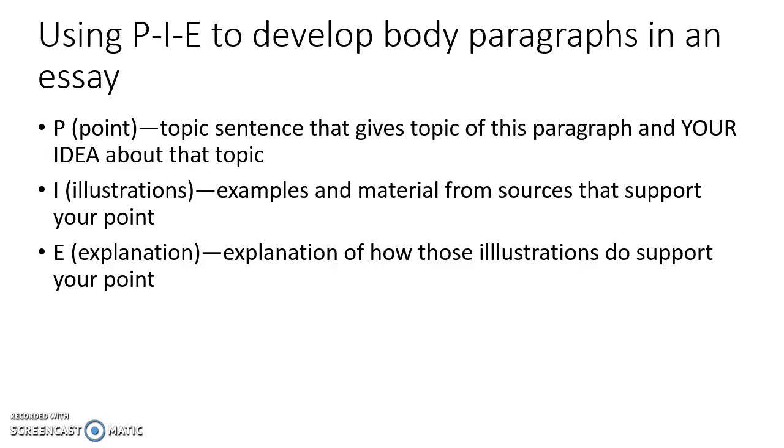Material from outside sources will include brief quotations, direct or paraphrased, or short summaries of literary works, nonfiction books, articles from scholarly journals, newspapers or magazines, films, visual arts, interviews, or other sources of information. Generally, 3 to 5 sentences of illustration will be used to develop the idea expressed in the topic sentence.